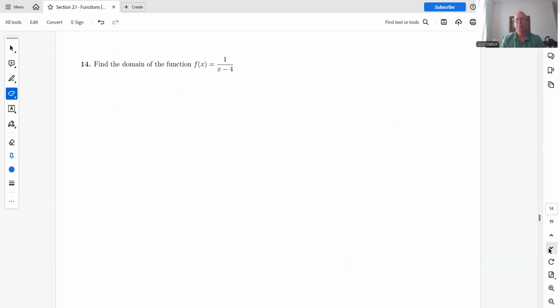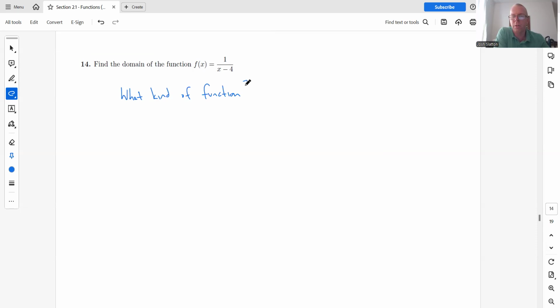Whenever you're asked to find the domain of a function, there are some rules that you can remember based on the type of function. So anytime you're doing these, you should always ask, what kind of function is this?